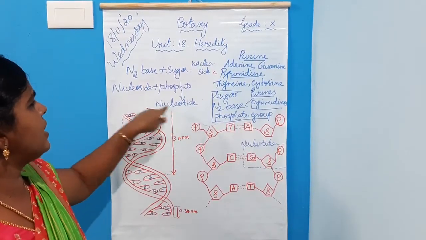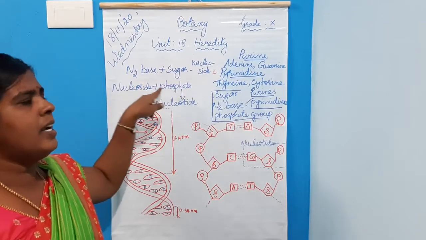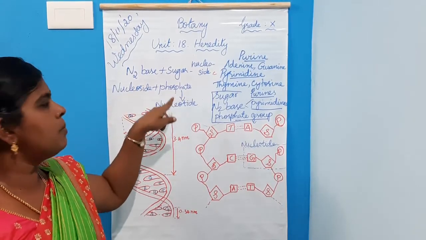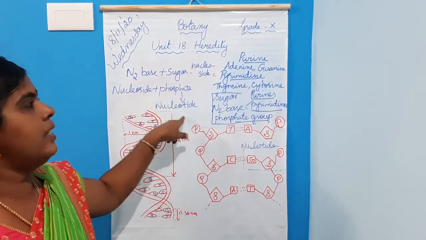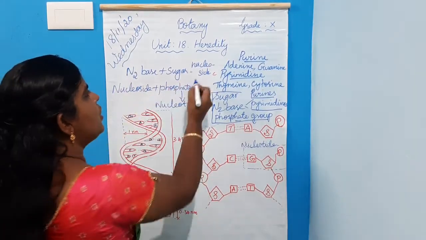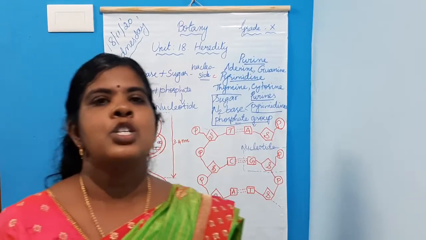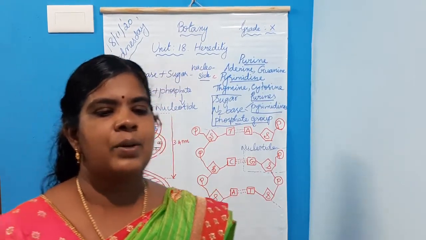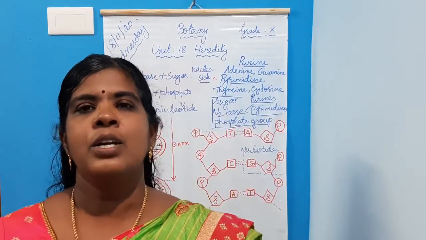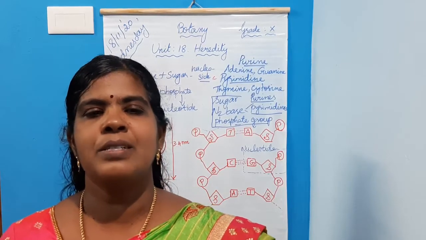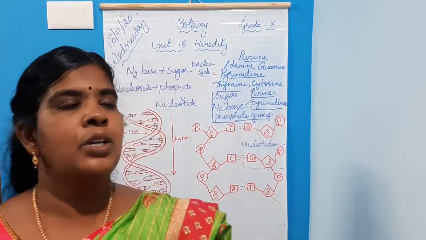What is called a nucleotide? A nucleoside combines with the phosphate group to form a nucleotide. What is a nucleoside? A nitrogenous base combines with the sugar to form a nucleoside. You must know the difference between nucleotide and nucleoside.